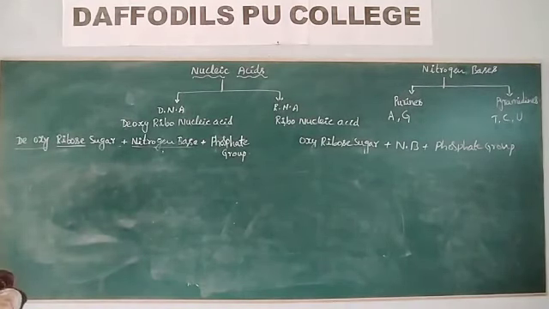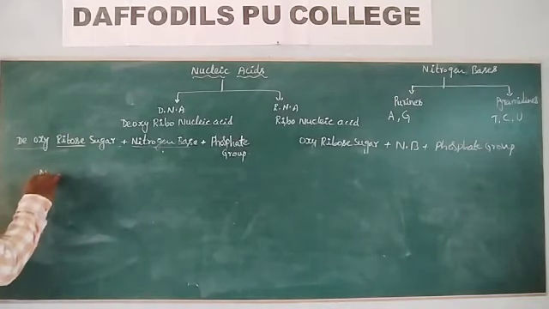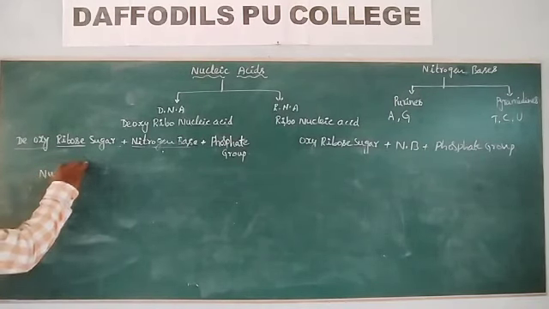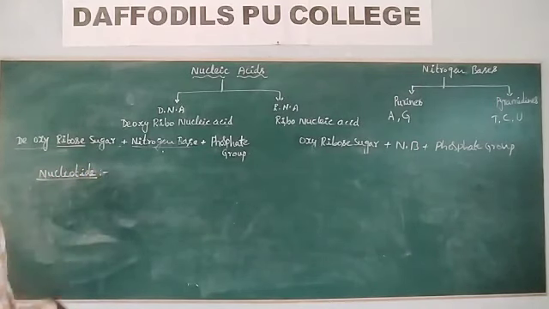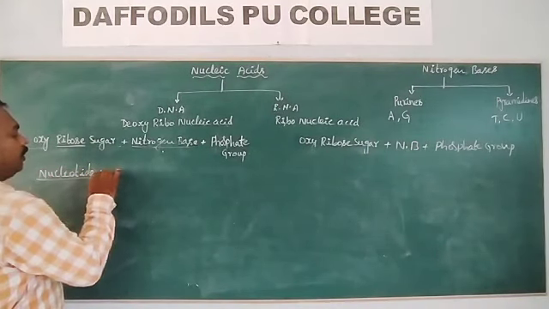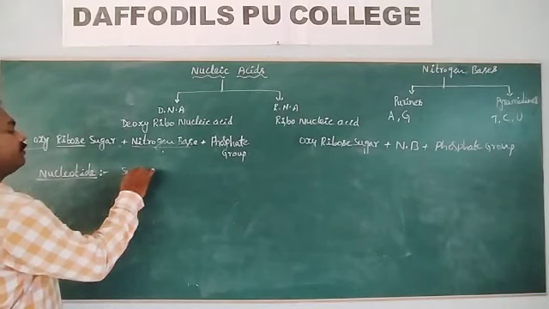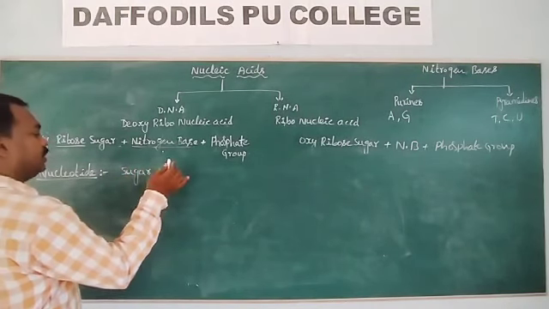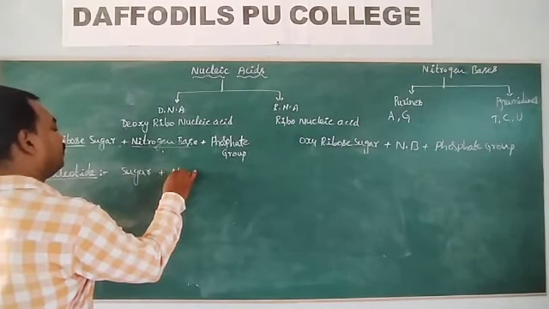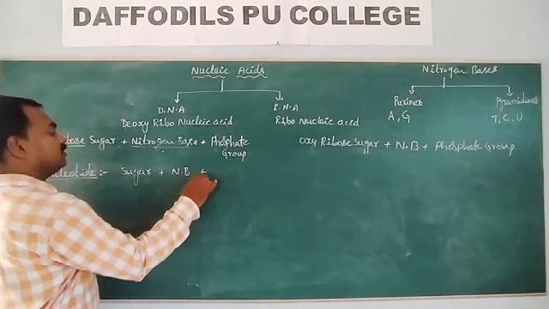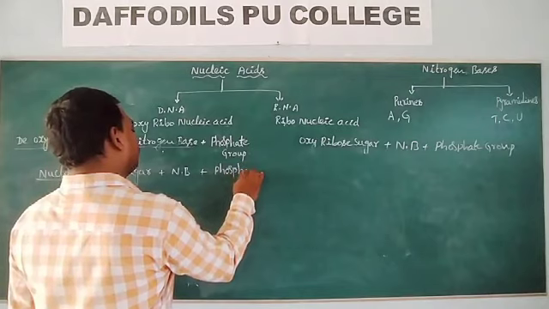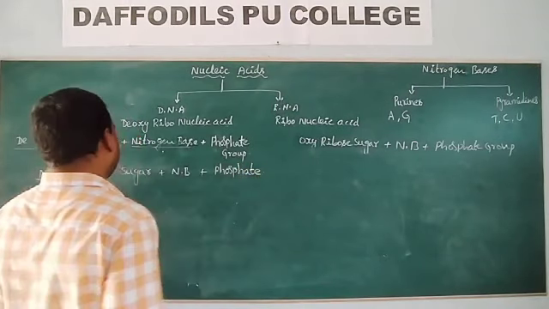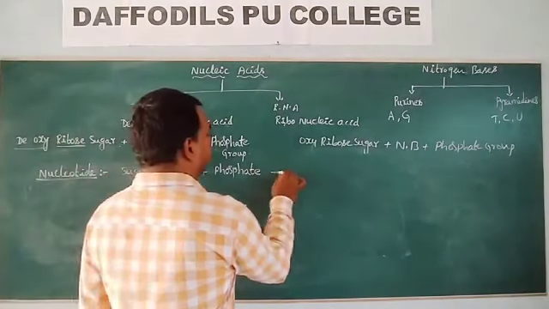Next thing is nucleotide. How do you get a nucleotide? When ribose sugar is bonded with a nitrogen base along with a phosphate group, then you get a nucleotide.